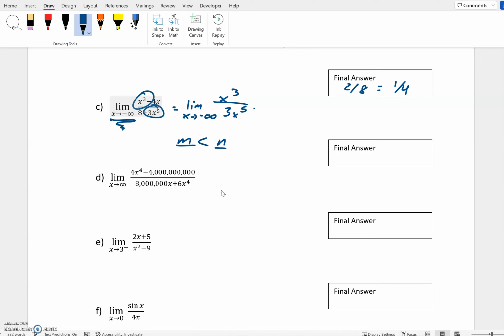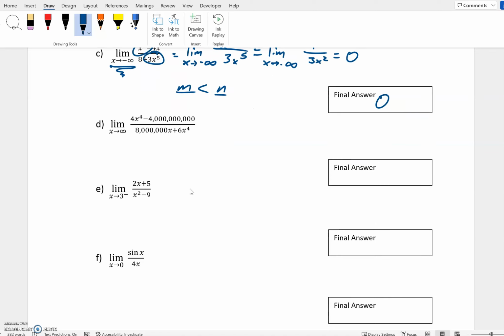So here, right, the power in the bottom is greater, so this thing should go to 0. You can also simplify this. So you can say, okay, if it looks like this, which we can only do if we have x going to positive or negative infinity. But if that is the case, then really we're looking at 1 over 3x squared, right? You can cancel x cubed in both places. And then it's a lot more clear why this thing goes to 0, because the top is 1 and the bottom keeps getting bigger. Cool.